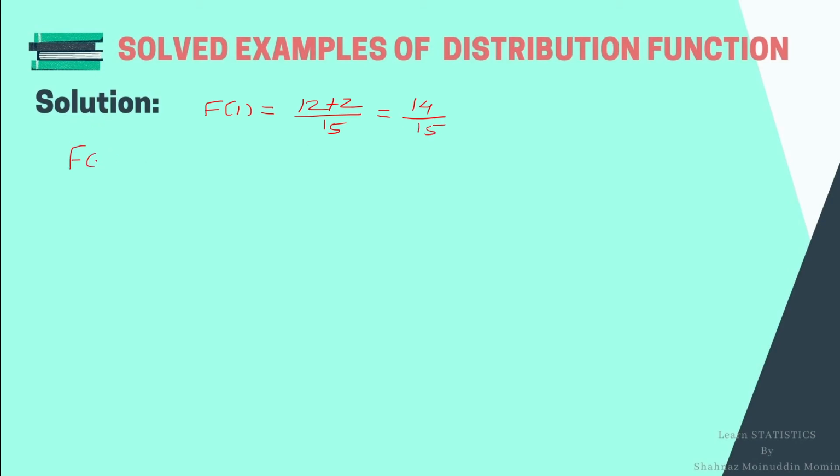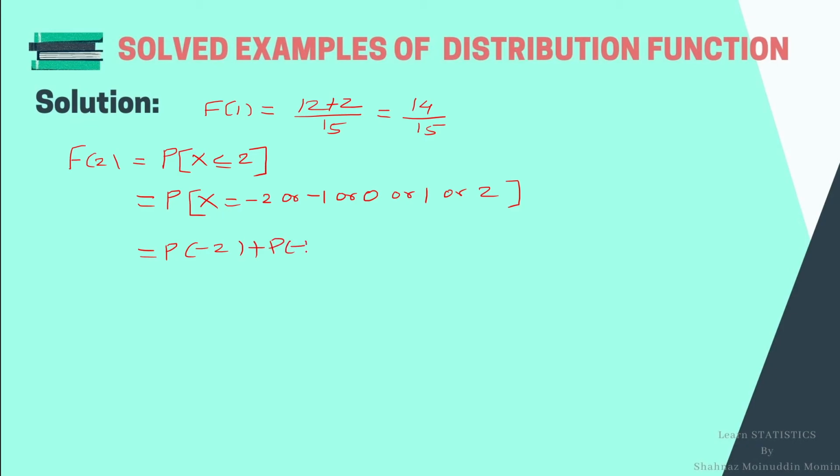The last one is F2. F2 is nothing but probability x less than or equal to 2, and it is probability x equal to -2, -1, 0, 1 or 2, all the values. Hence it is p(-2) plus p(-1), probability 0, p0, probability 1 plus probability 2.